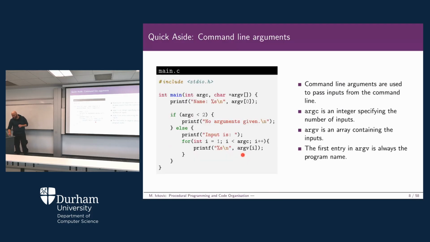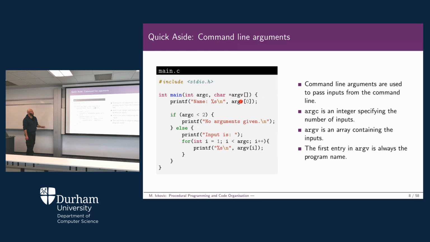So this argc here, it's an integer which specifies how many inputs or command line arguments the program has been provided at execution time. And argv is an array of strings that contains all these inputs. Now, here's a very important one, something that you will likely trip over all the time because it just keeps happening.